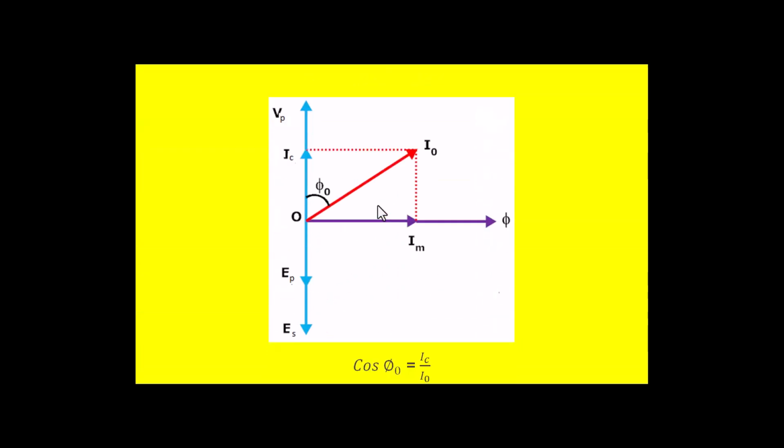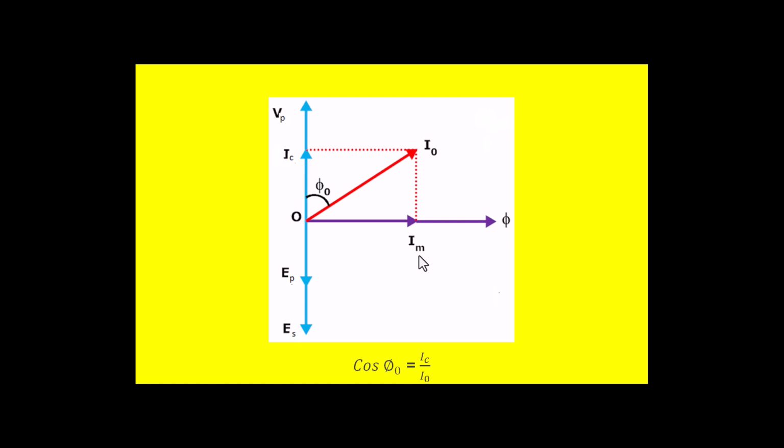And for this we can draw the vector diagram under this no load condition, and this is the applied voltage Vp or V naught, and this is the flux line which lags the V naught by 90 degrees like this, and we say Im is in phase with phi.